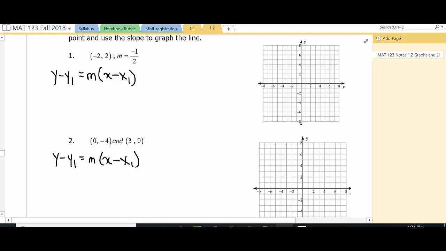Okay, so that's how you're going to get the answer to those two problems ultimately. Look at your notes if you need to. Help each other if you need to.